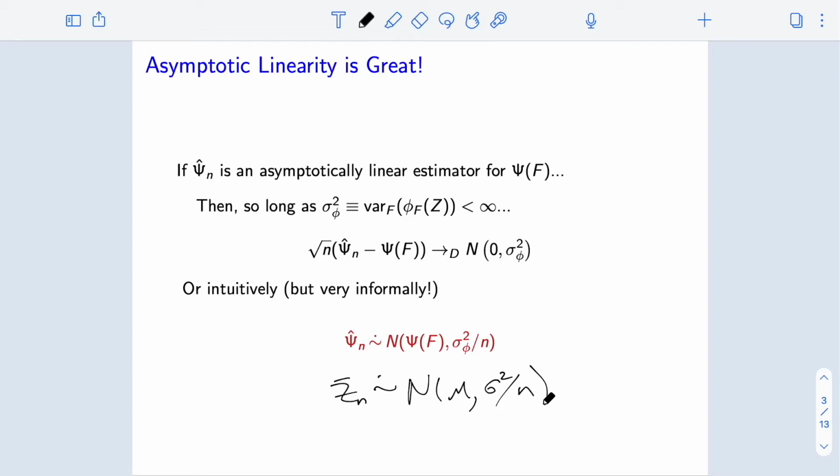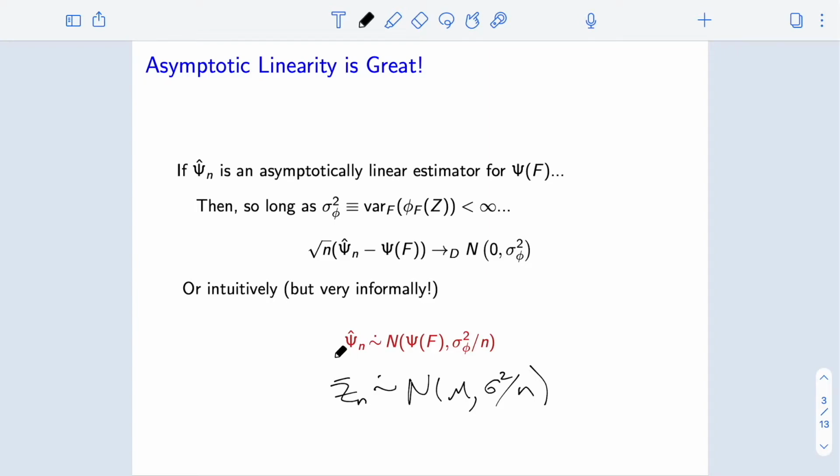We said, okay, our confidence interval should be centered at z bar n, and we should add and subtract multiples of its standard deviation, square root of sigma squared over n, so sigma over square root of n, and the multiple we include in that half-width should be based on quantiles of a standard normal distribution, and in fact, often we don't know sigma squared, so we have to estimate it.